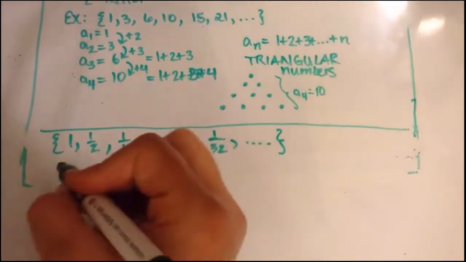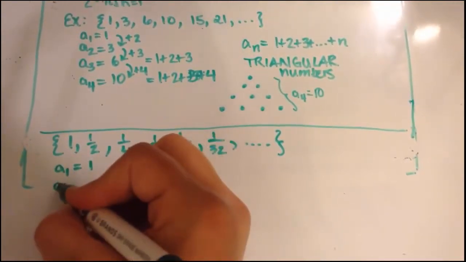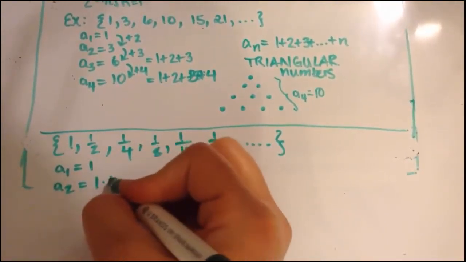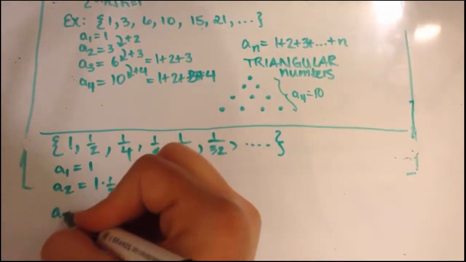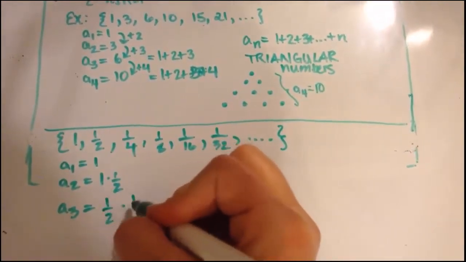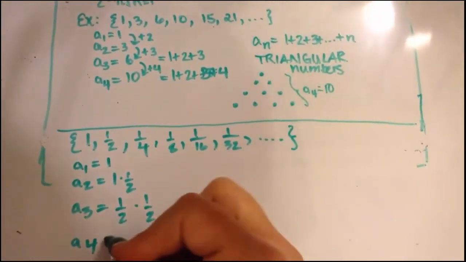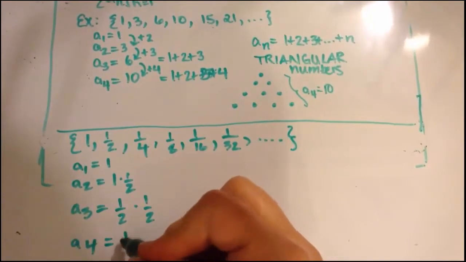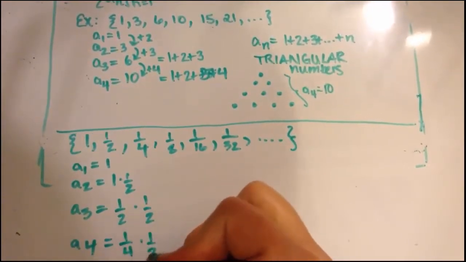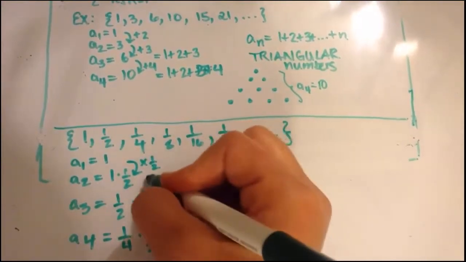Well, you'll notice that if a1 is 1, then the next term, a2, is 1 times 1/2. a3 represents 1/2 times 1/2. a4 represents 1/4 times 1/2. So every single time we're multiplying by 1/2.